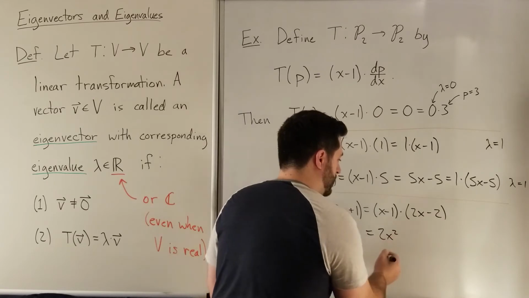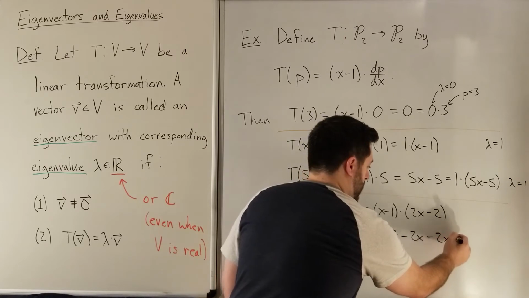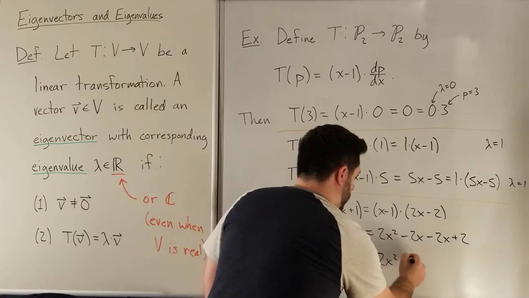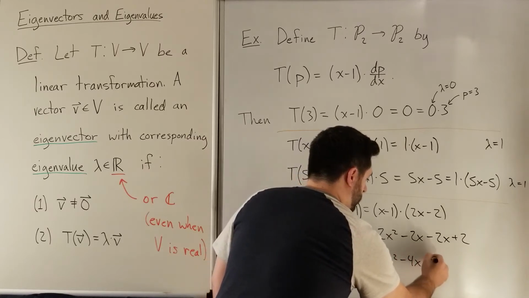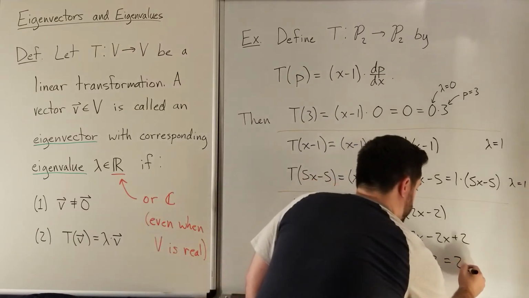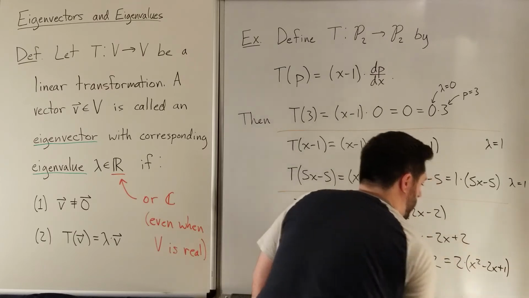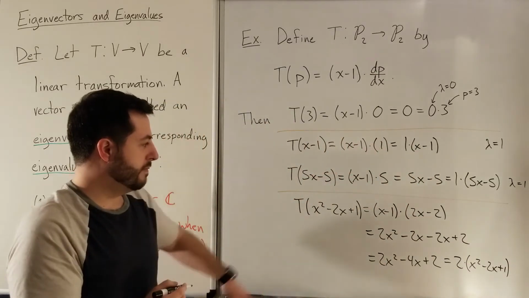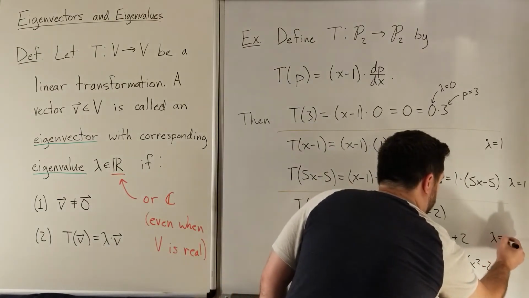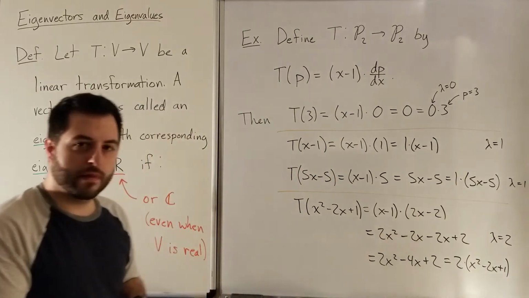So it's going to give us 2x squared minus 2x minus 2x, and then plus 2, and that is 2x squared minus 4x plus 2, which can be written as 2 times x squared minus 2x plus 1. So it's 2 times our original polynomial, which means here we have an eigenvalue of 2 corresponding to this eigenvector. Okay?